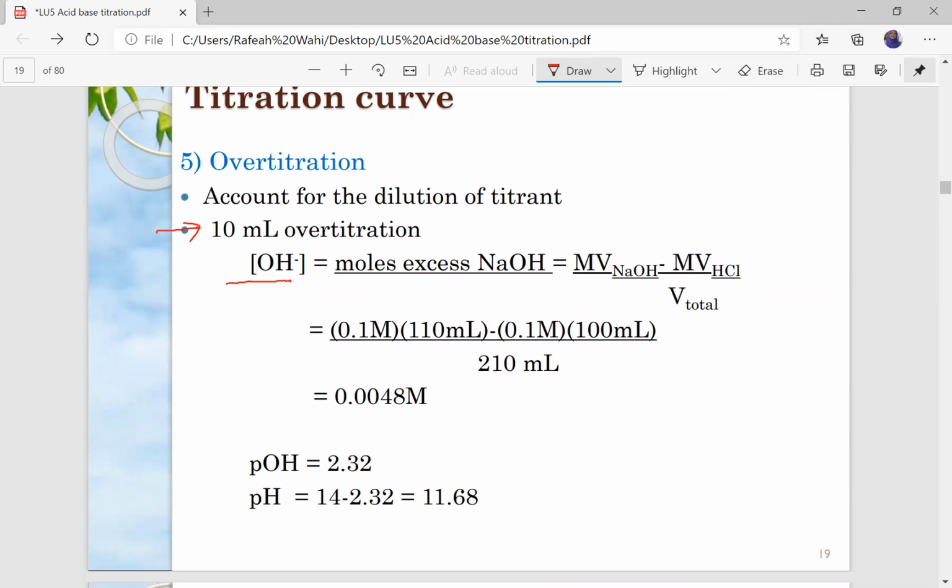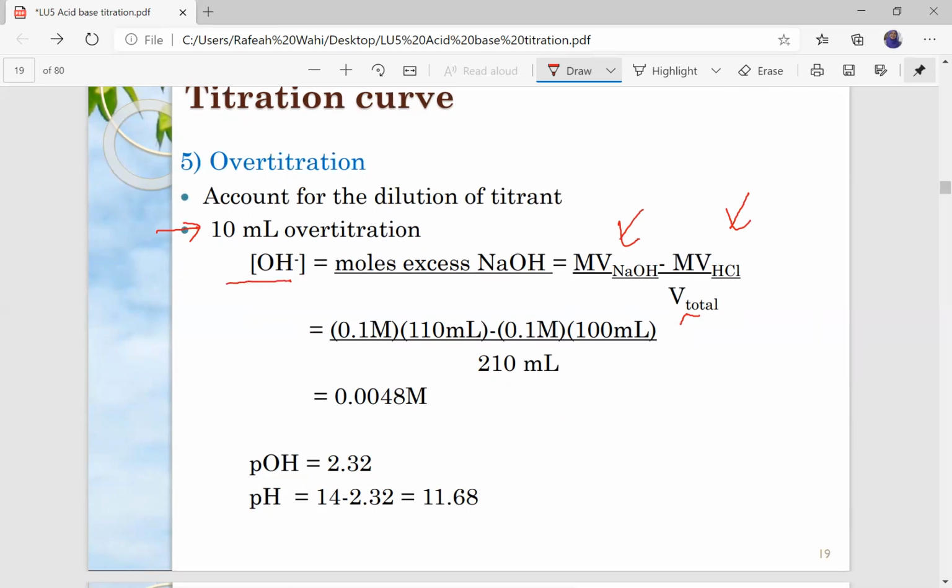We have to calculate the excess of hydroxide ion. So we have moles of hydroxide ion minus moles of H plus ion, or hydronium ion, divided by the total volume.